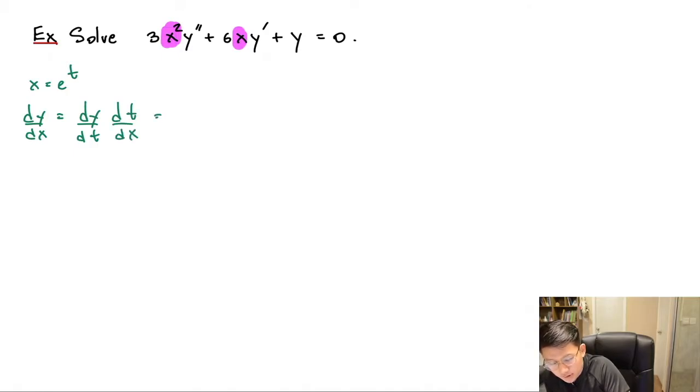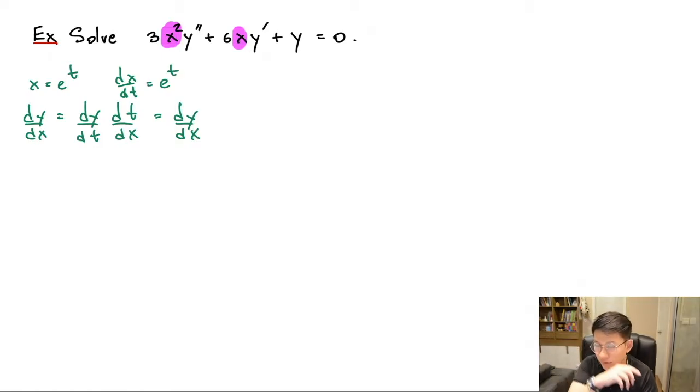Sorry, x is e to the t, so dx by dt is e to the t. So dt by dx would be e to the minus t, because dt by dx is 1 over dx by dt.